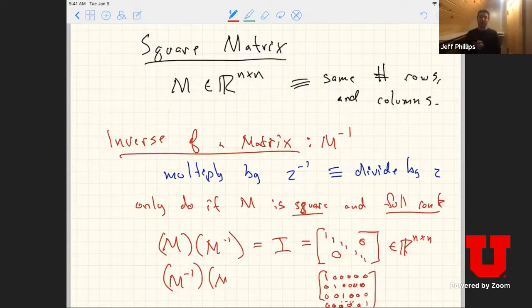This is true for multiplication on both sides. So that is the property we want of the inverse: given a matrix, if I multiply it by its inverse, I'm going to get the identity. That's the definition of what the inverse is doing.